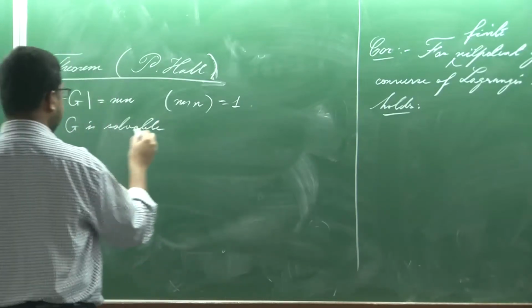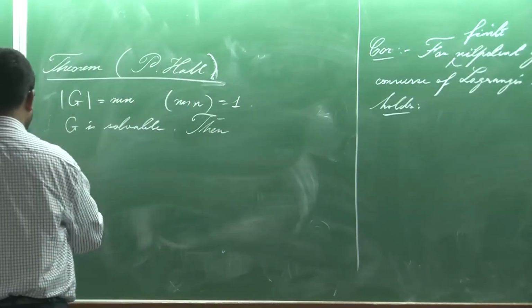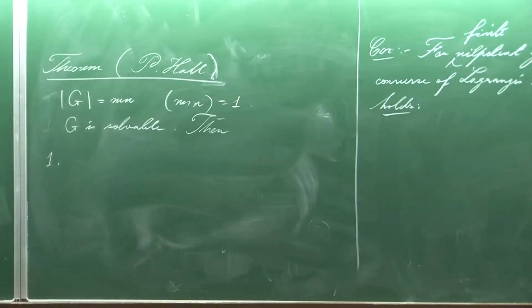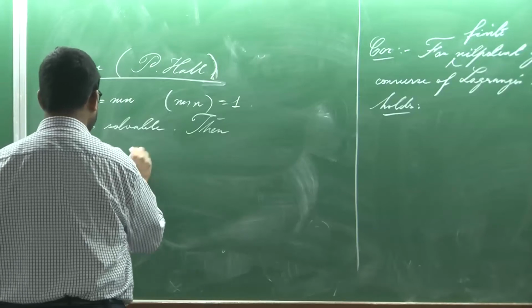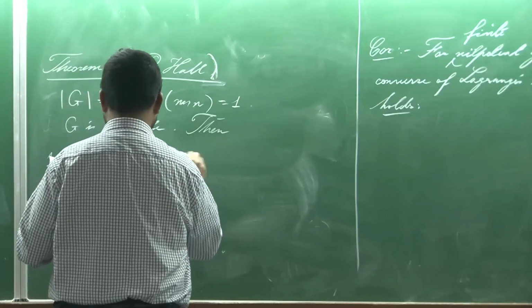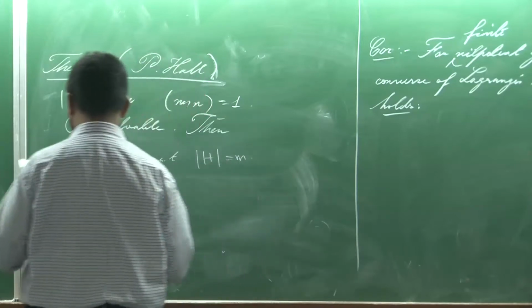Then the following things hold. The first thing is there exists a subgroup of G such that the order of that subgroup is n.